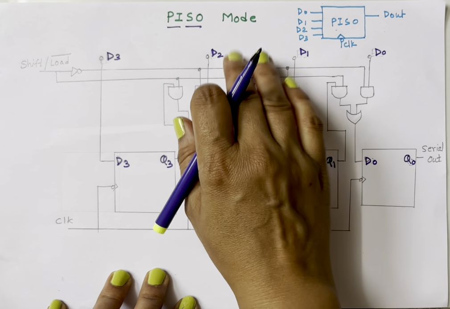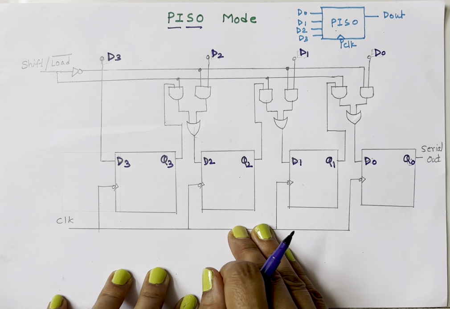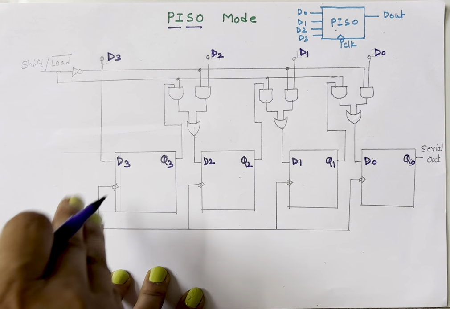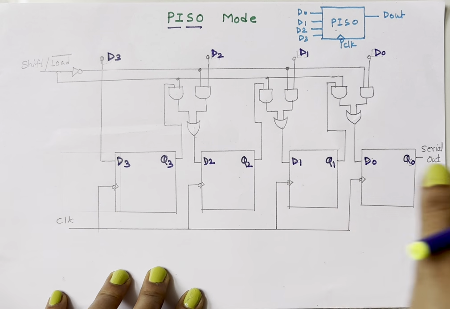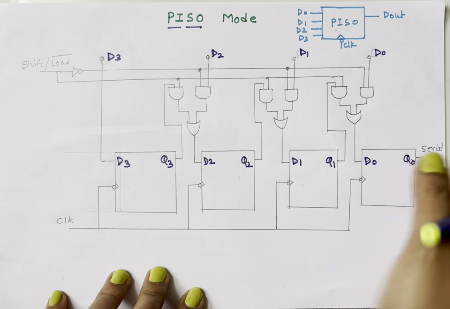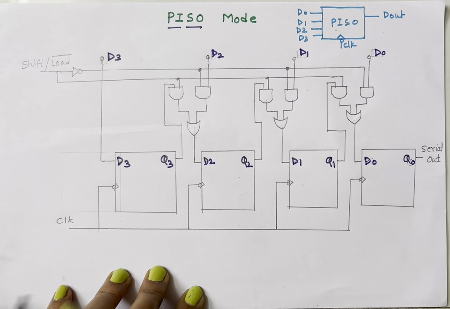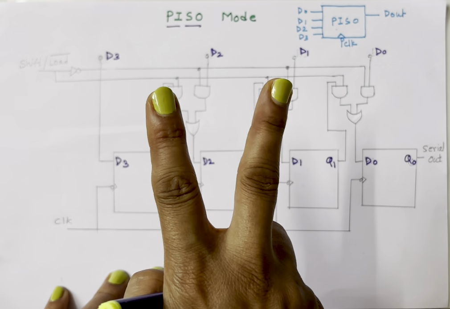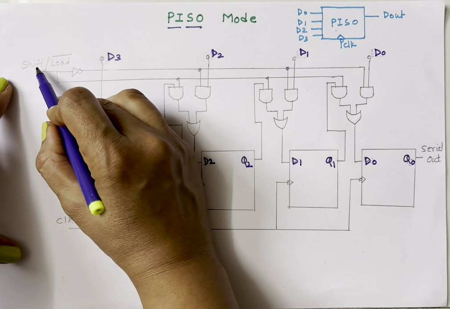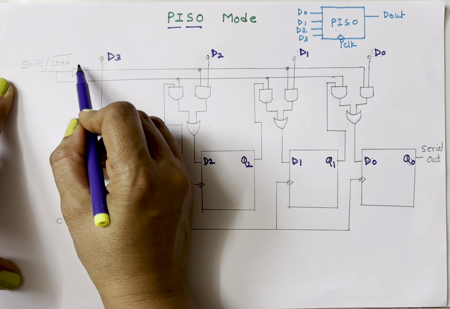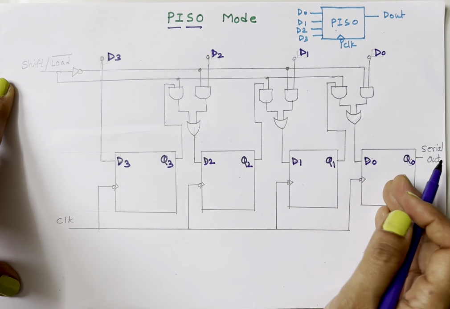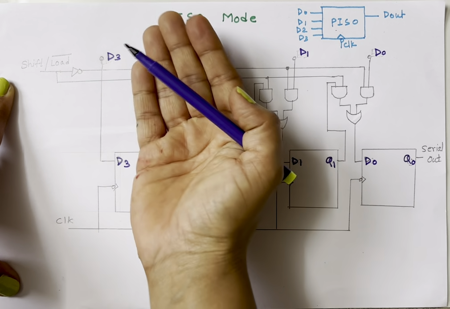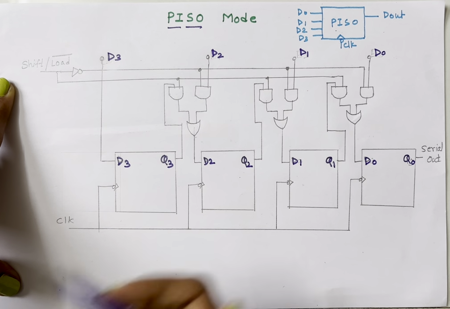Here we are loading data parallelly, and also we are shifting data from one flip-flop to another, second to third, either from left to right or right to left. So it works in 2 modes. First is shift mode or load mode. If shift mode is on, then data will shift. If load mode is on, then data will get loaded.